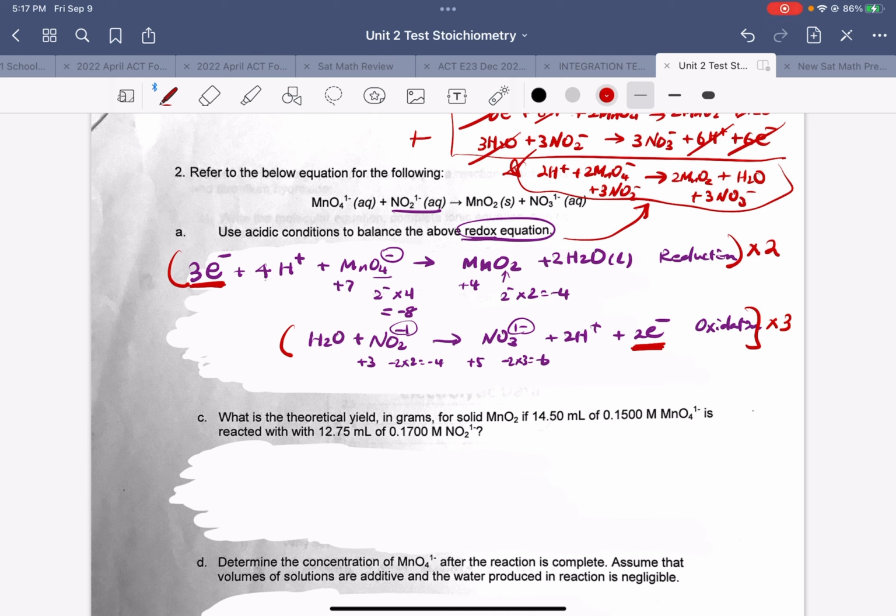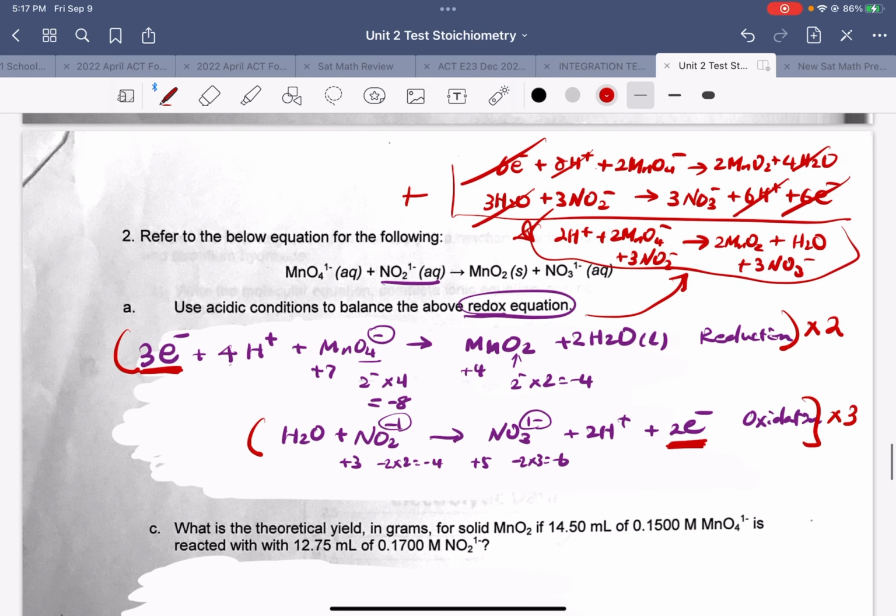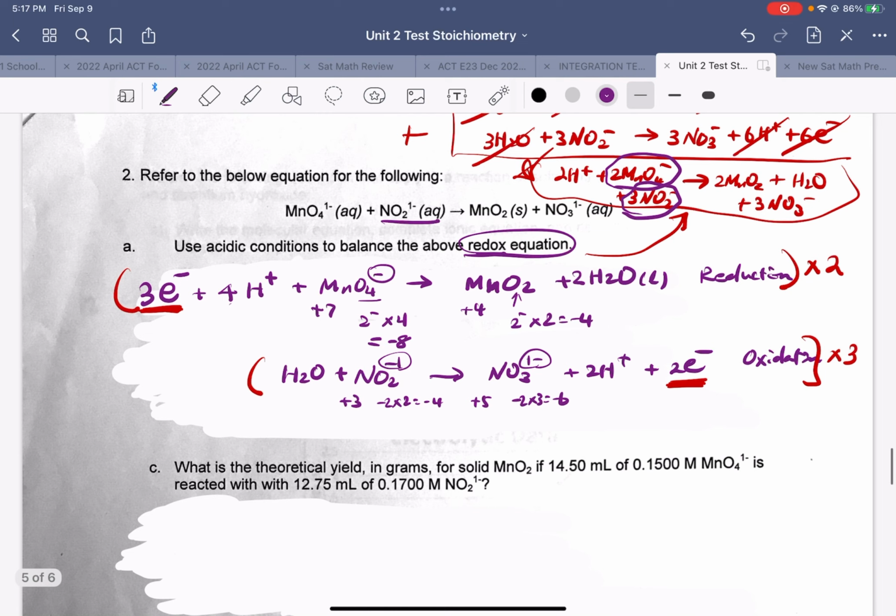So what you need to start with is to find out which one is the limiting reactant. So compared to this one and this one, which one is the limiting reactant? So let's find out first.